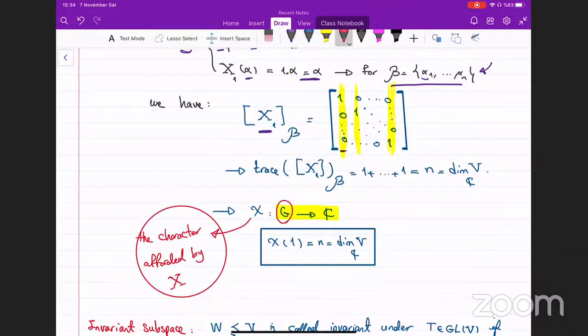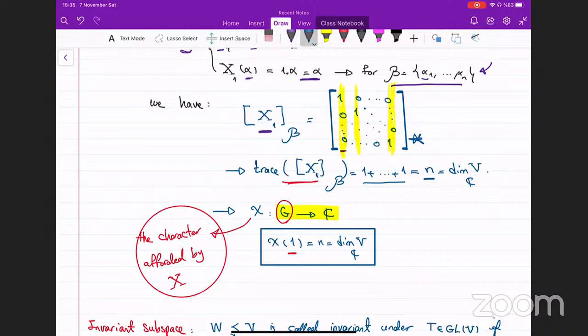So in particular, chi of 1 means the trace of the representing matrix of X index 1 with respect to beta. Actually, this beta is inside the parentheses. So you have the identity matrix. The trace will be the sum of these 1s. How many times? It is just n times, which is exactly the dimension of the vector space that you started working with.